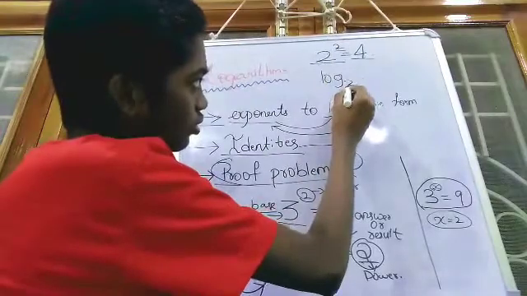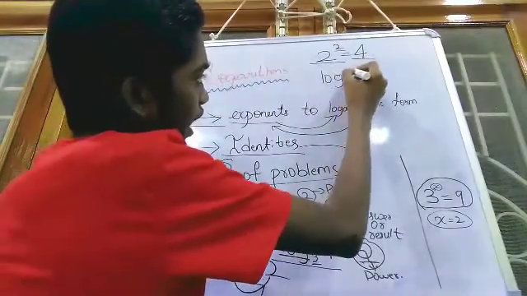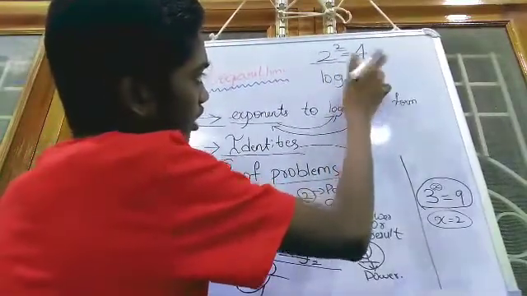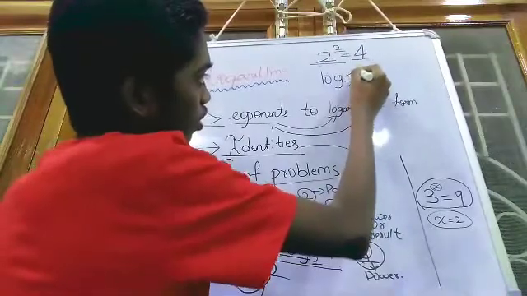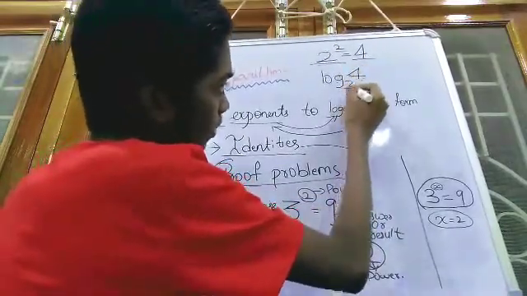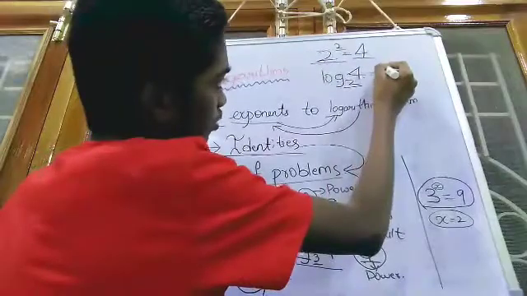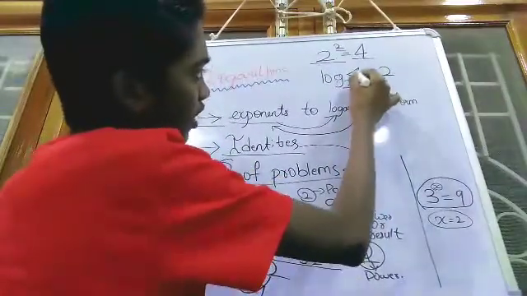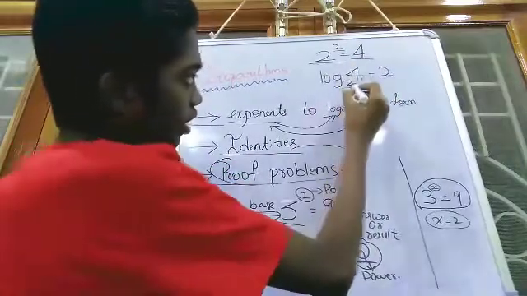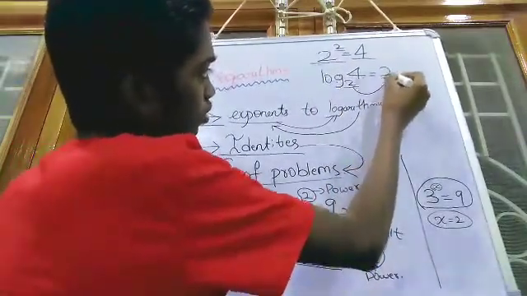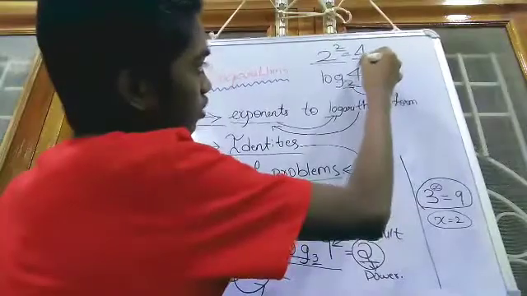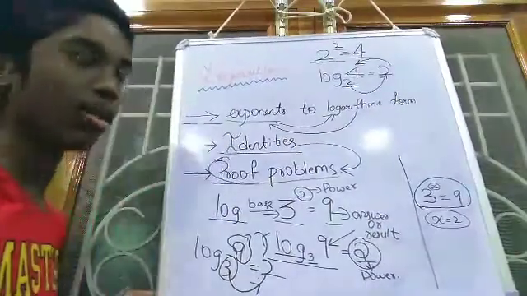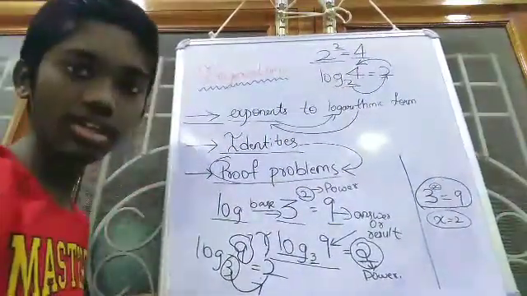Log to the base 2, and here we have to write the result 4. Log 4 to the base 2 is equal to 2. Means here we are getting the result, 2 power 2 or 2 square is equal to 4. We have to understand in this manner to get logarithms in a very easy manner.